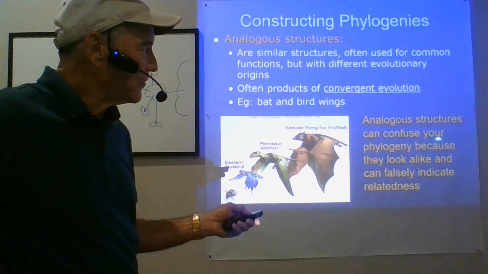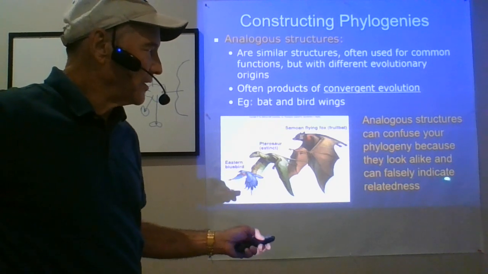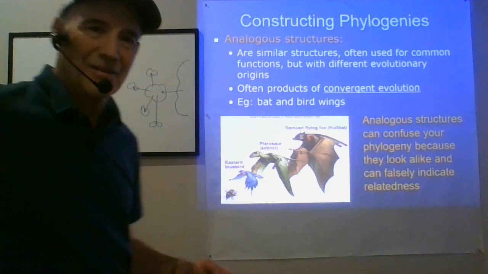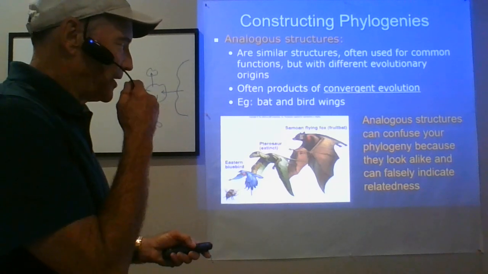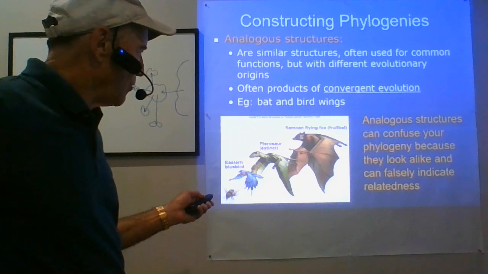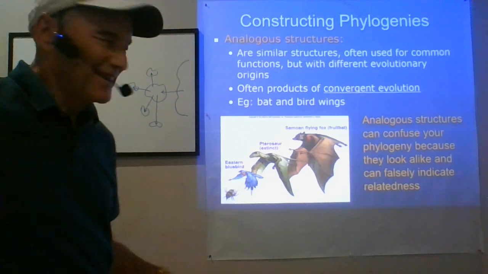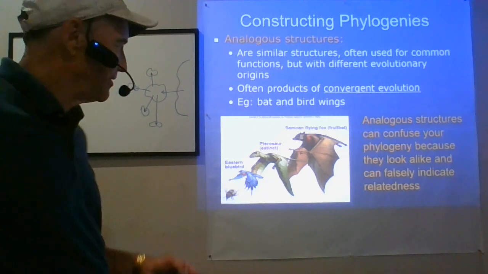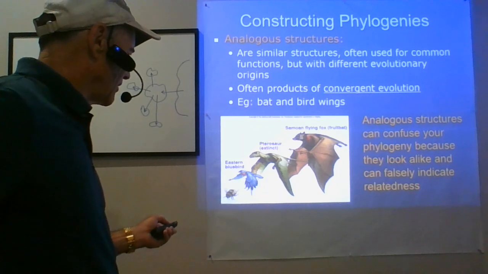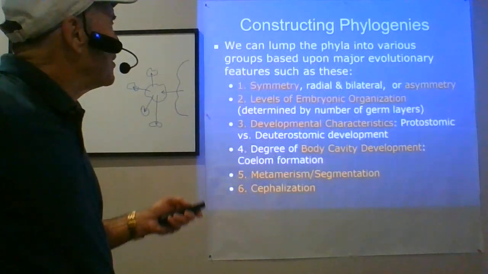Analogous structures can confuse your phylogeny because they look alike and can falsely indicate relatedness. Sometimes you have to sort through that. A bat is a mammal, while a bird is a bird, and a pterodactyl is a reptile, and a bee is an arthropod, an insect.